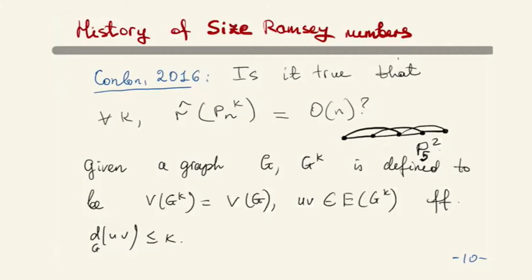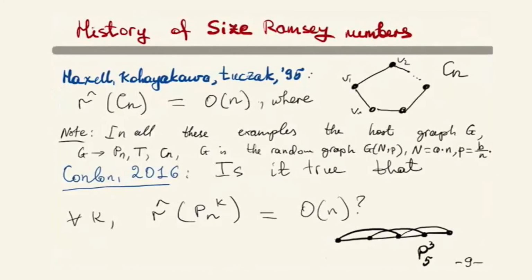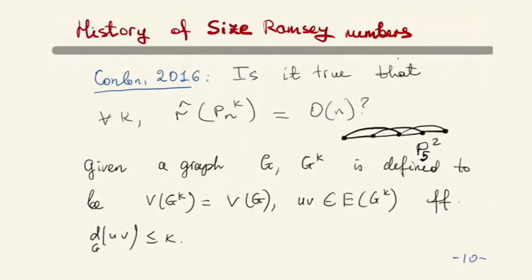So Conlon's question was, you can think about it as a generalization of the cycle problem, because the powers of paths also contain the cycles in particular. So he asked whether for the powers of paths, the size Ramsey number is linear.